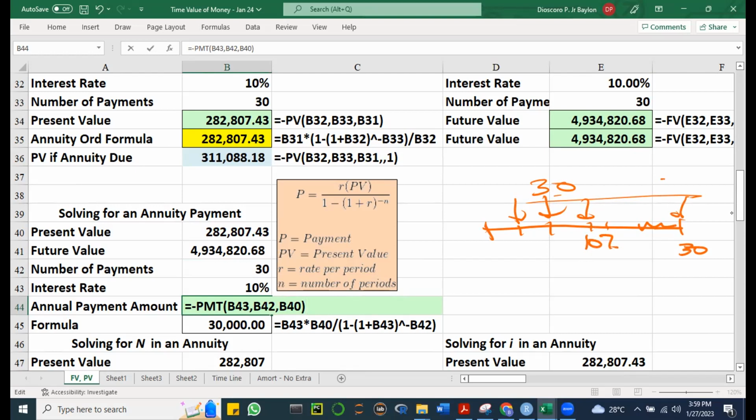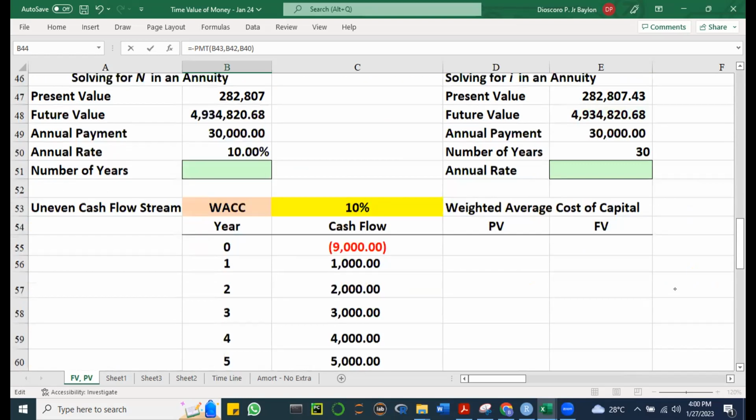The equivalent of that today is 282,807, and another equivalent is 4.934 million. So these are equivalent to an annuity of 30,000 for 30 years. If I want to compute for 30,000, I should not use both.